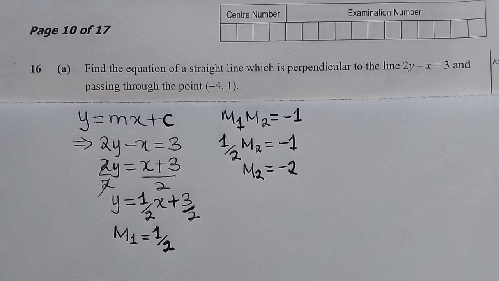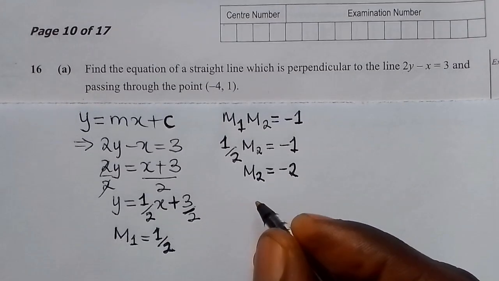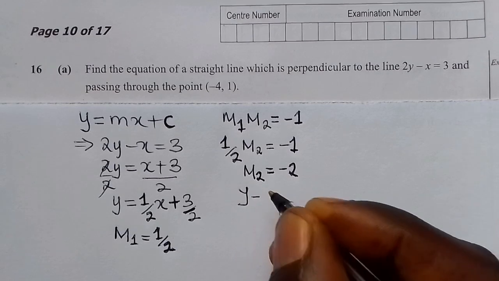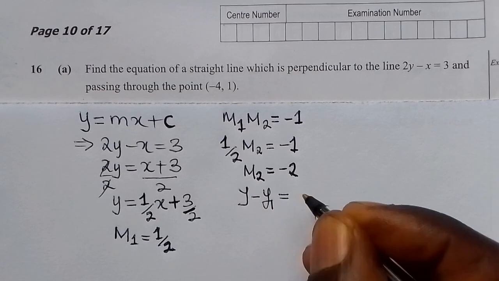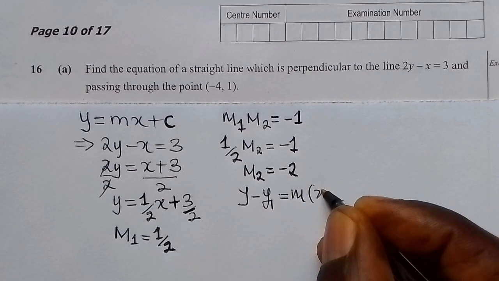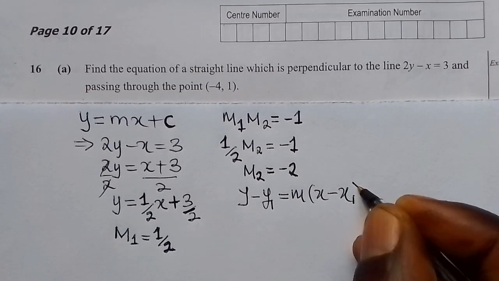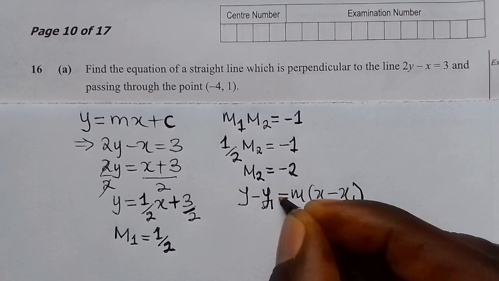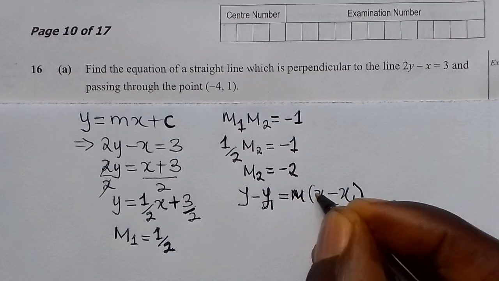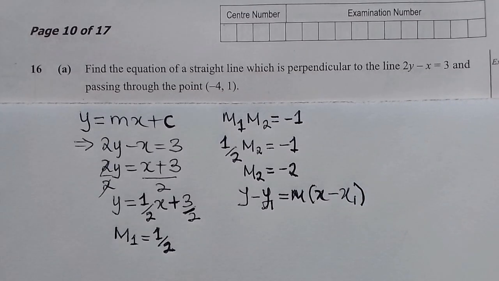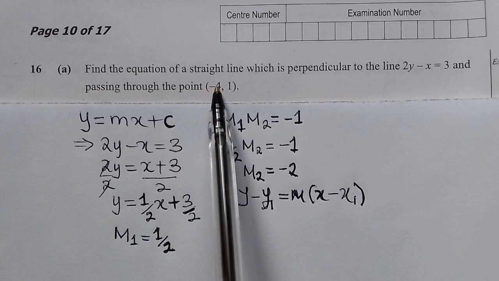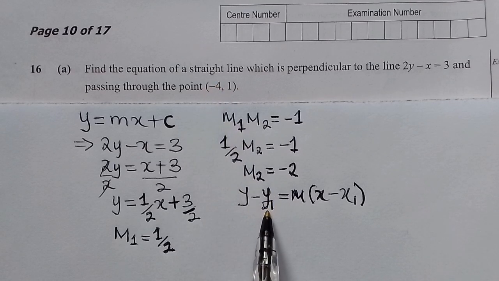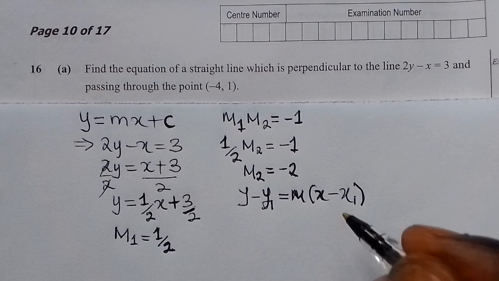If we get m2, then we are going to use the formula y minus y1 is equal to m times x minus x1. Now, what is y1? What is x1? y1, x1 is just this point given. So we're going to use this point and substitute into this formula. Also on m, let's be specific.